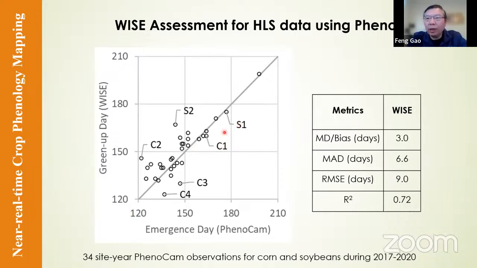We also found some late detection like corn 2, soybean 2 fields, and also 2 corn-soil fields. I'm going to check those fields individually in the next slide. The mean difference is about 3 days, and the mean absolute difference is within 1 week, and we get an R squared of 0.72.